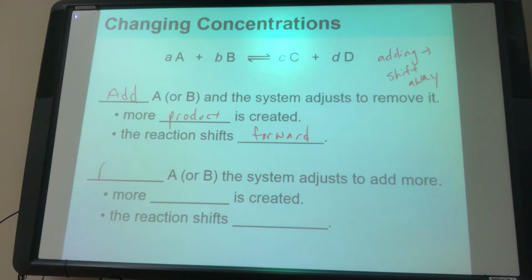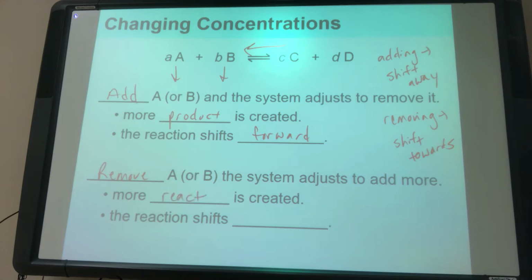Now, what if I remove A or B? If I remove A or B, now the system is trying to make more of it because I'm trying to balance it. So instead of adding, I'm removing. If I got rid of it, I want more of it, so I'm going to shift towards it.